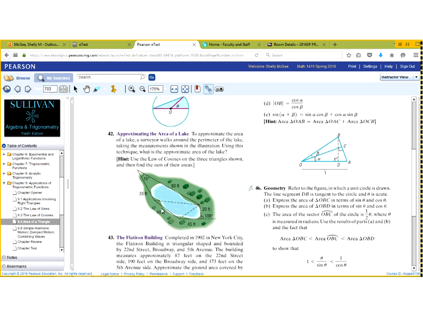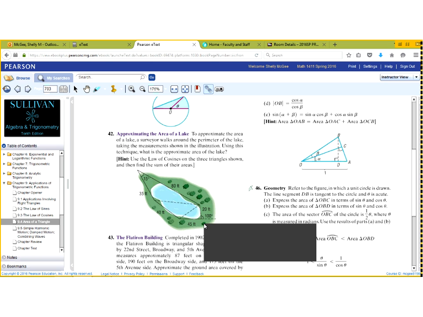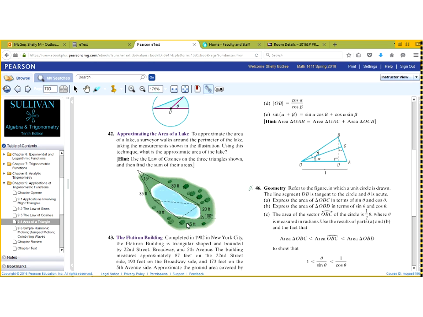The middle triangle where we have 40 feet marked on the one side and then 2 dashed lines, that'll be triangle 2 with area 2, and then this bottom triangle with the 2 sides of 45 and 20. And then we're not given the angle in between, but we are given the outside angle, so we can find the inside angle.